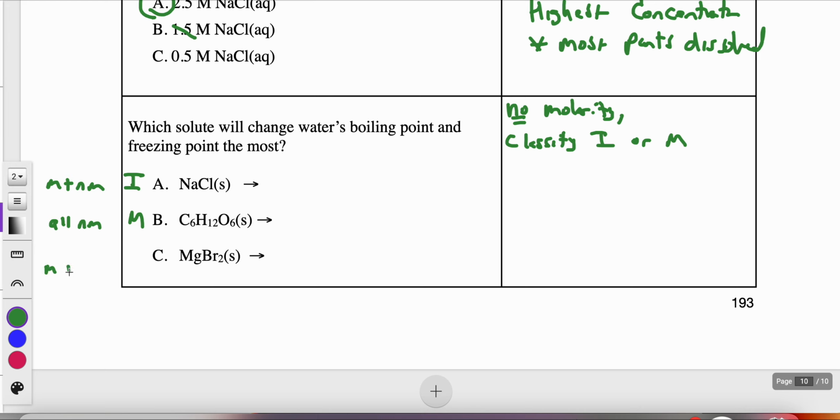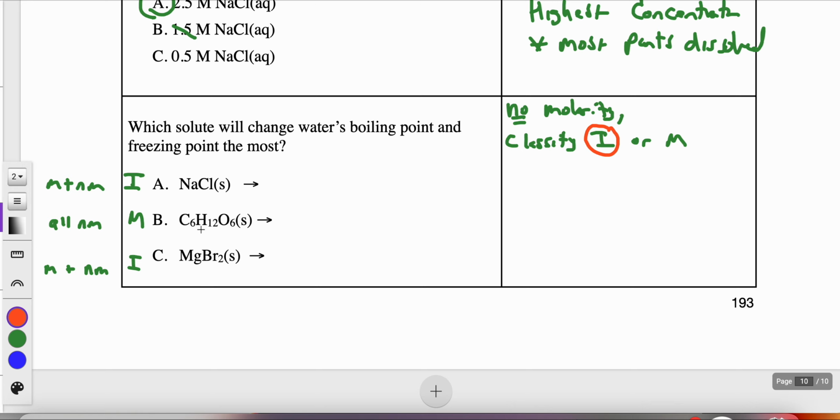So here I have a metal plus a nonmetal, so this is ionic. As a general rule, an ionic will affect the BPs more than a molecular. So I'm going to lean towards the ionics. Okay, so that means B is not an answer.